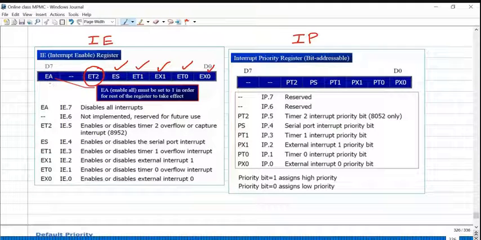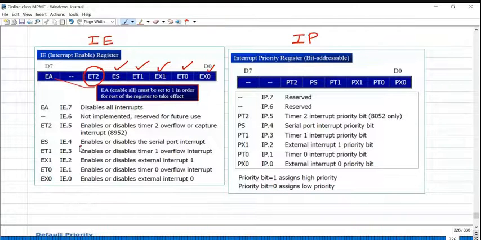If the D7 pin is 0, it indicates disabling all the interrupts. If D7 is high, it enables all the interrupts. You can enable all the interrupts and then manually disable a particular interrupt. For D0, D1, D2, D3, D4, if the corresponding bit is 0, that particular interrupt is disabled. If the corresponding bit is 1, that particular interrupt is enabled.